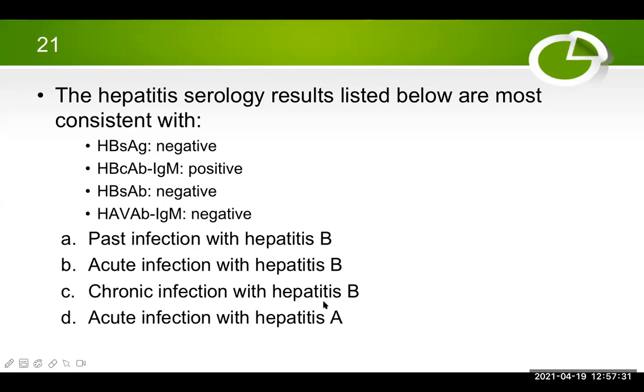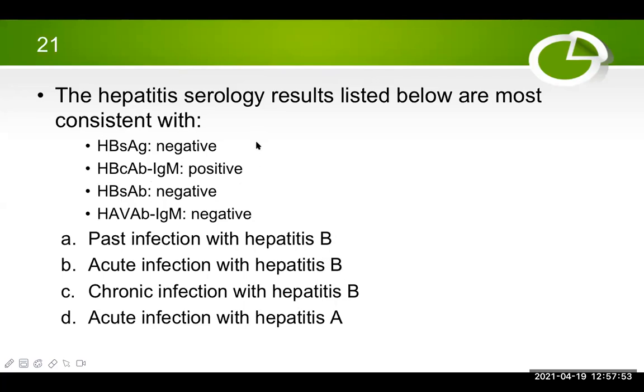Okay, so this D is ruled out. Chronic infection is also ruled out. In chronic infection, we usually have IgG type of antibody. Okay, and in past infection with hepatitis B, usually we have hepatitis B surface antibody positivity. So all these things point towards acute infection with hepatitis B.